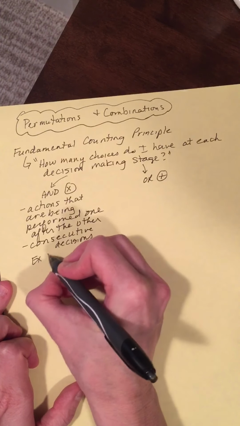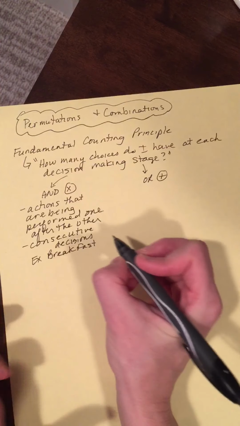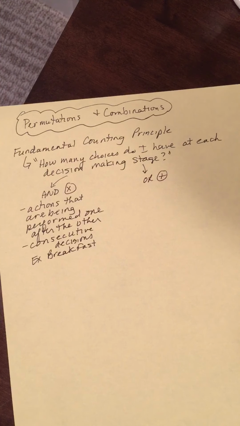My best example is that breakfast example when I go into the cafeteria and I first have to decide on what type of breakfast I'm going to have, pancakes or waffles, and then I need to decide on what type of flavoring I'm going to put on that breakfast. That's the classic and, consecutive decisions. Decide on the breakfast, decide on the flavor.